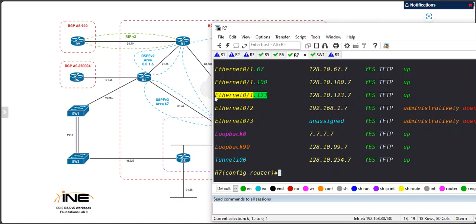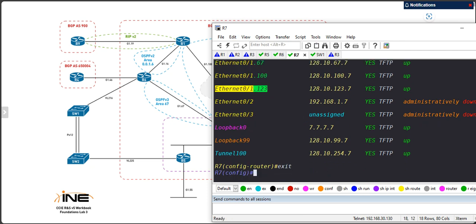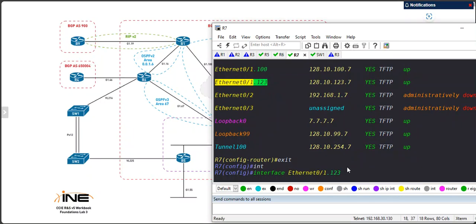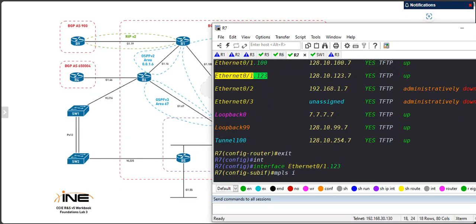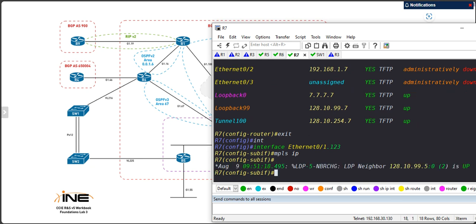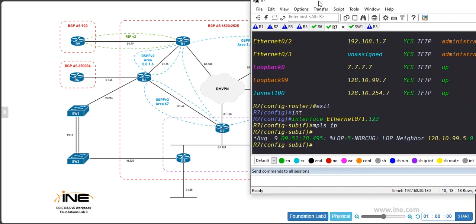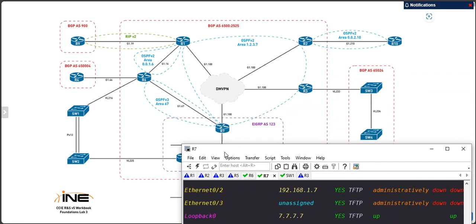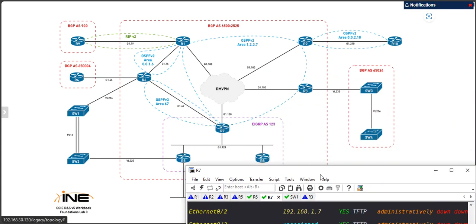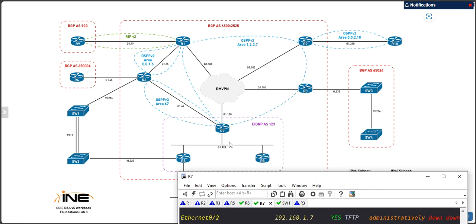Interface this one. MPLS IP. This is between R5 and R7, and there is another interface between R6 and R7.